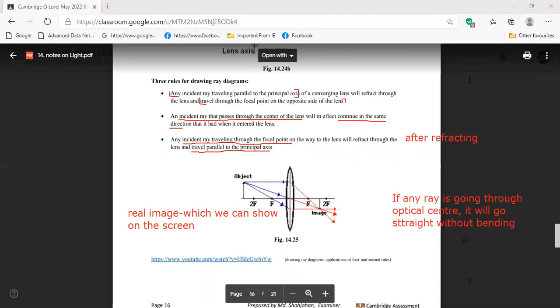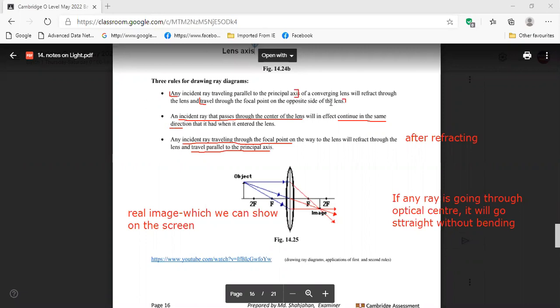After you are done with writing and drawing, I want you to write these three points. Write number one. I made it shorter for you.